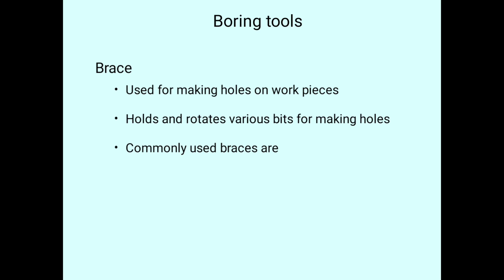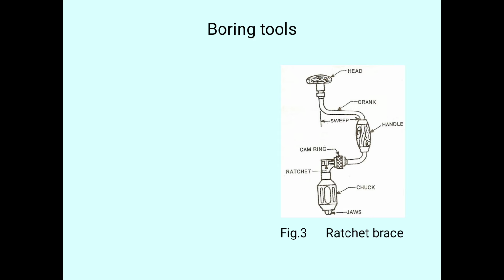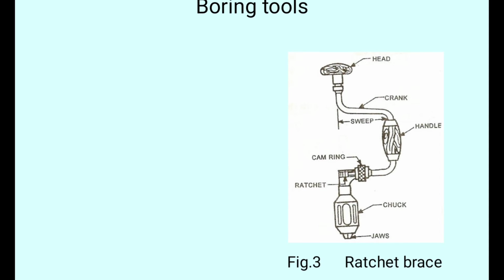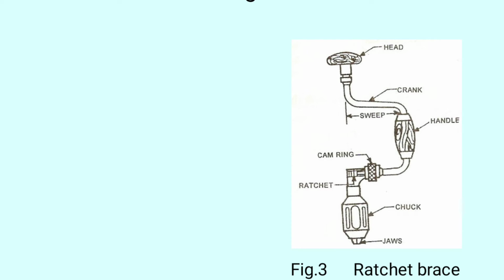This is a commonly used brace, and we have different types of braces, as you can see here. The first one is the ratchet brace, then the wheel brace. This is a diagram of a ratchet brace. If you observe the figure, we can see the different parts of the ratchet brace.